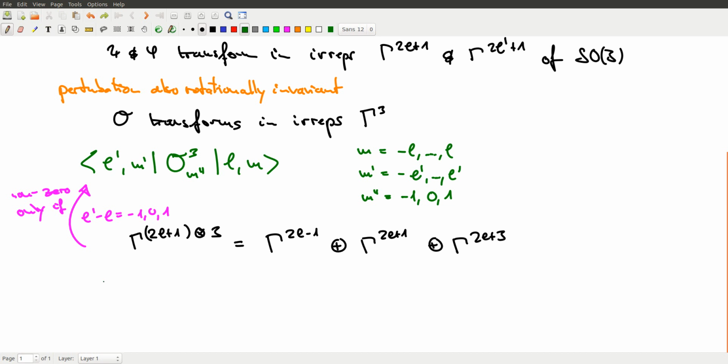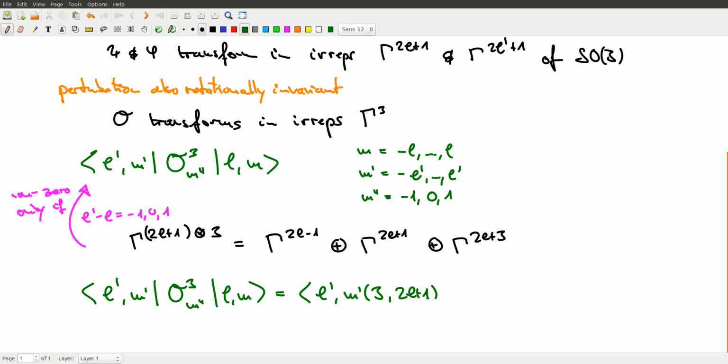So let's write down this matrix element again we're interested in, L prime, M prime, O3, M double prime, L, M. So that's now some Clebsch-Gordan, L prime, M prime, 3, 2L plus 1, that's the rep label of what we're decomposing, M double prime, M. And some reduced matrix element, say L prime, O3, L.